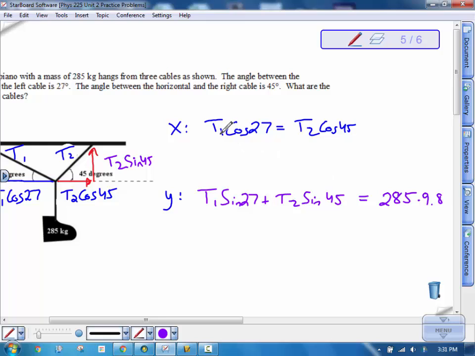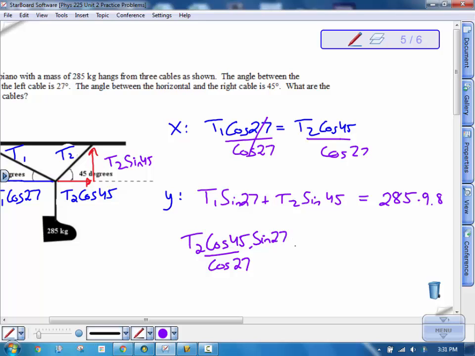I'm going to substitute, so I'm going to divide both sides by cosine of 27 here, and I'm going to substitute then t sub 1 in right here. So t sub 1 is going to be this right here, which is t sub 2 cosine of 45 divided by cosine of 27 times the sine of 27 plus t sub 2 sine of 45 equals 285 times 9.8.